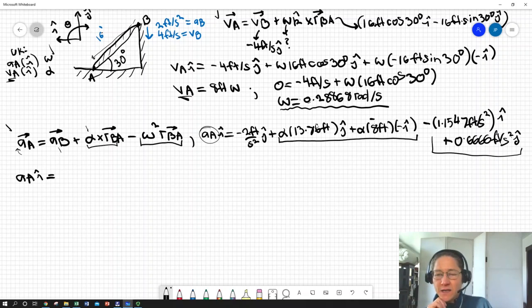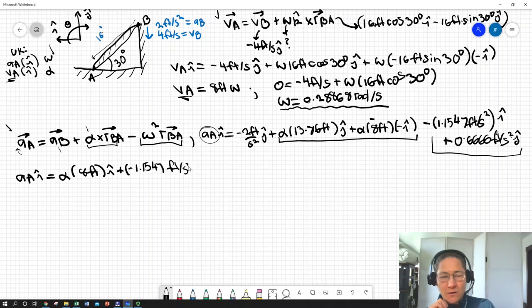I've got two negatives, so I've got alpha times 8 feet i hat, and I've got plus negative 1.1547 feet per second squared, also in the i hat. So two unknowns. Now I'm going to write the j hat components together. In that case, I'm going to have 0 on this side, and I'm just going to take that 2 feet per second squared.